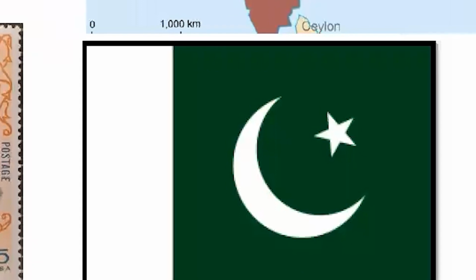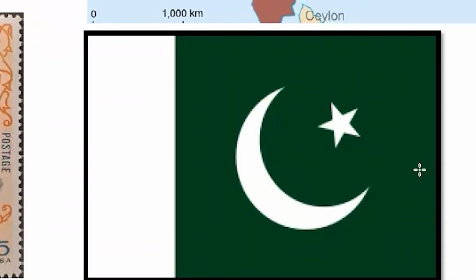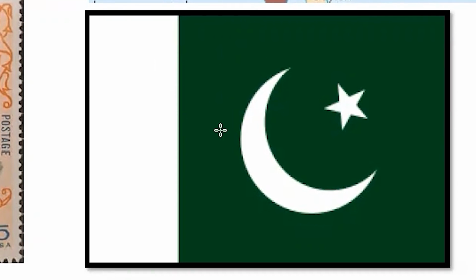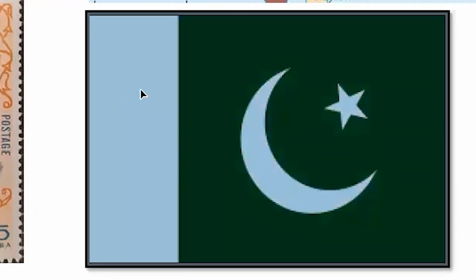Then, just to continue, I'm going to show you the flag of Pakistan. The green color represents the Islamic people in Pakistan, that's the majority. The white stripe here represents the minority religious people, like Christians, Sikhs, Hindus, everything else.